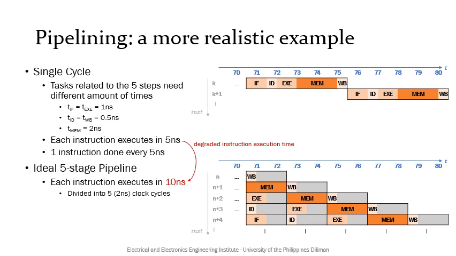The answer is yes, and the per instruction execution time was actually degraded in moving from single cycle to our multi-cycle pipeline operation. However, since the execution is pipelined, then still one instruction is expected to finish every 2 nanosecond clock cycle once the pipeline is full.